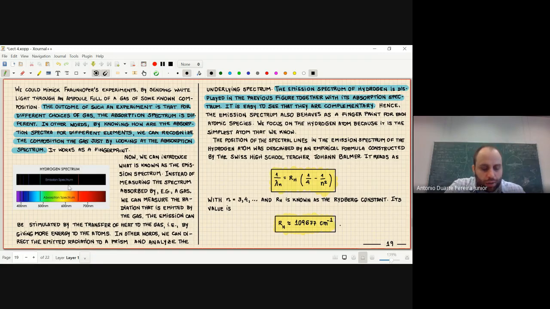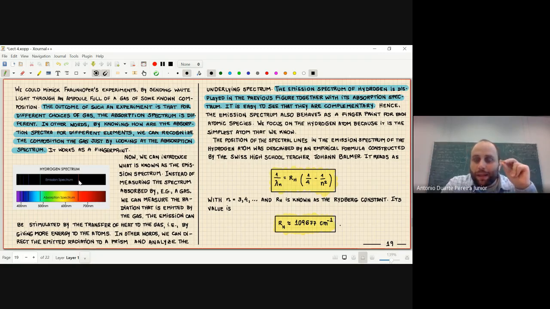So the emission spectrum will be all dark except for these very particular lines that are missing in the absorption spectrum. So, in other words, the hydrogen will absorb these specific colors that are dark in this representation here, but the hydrogen will just emit exactly those lights that it could absorb.